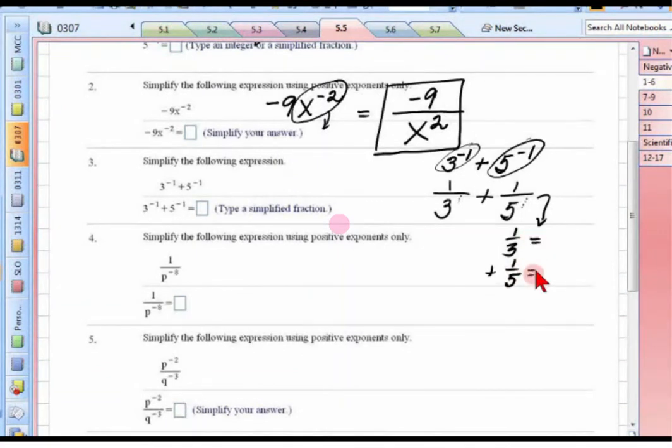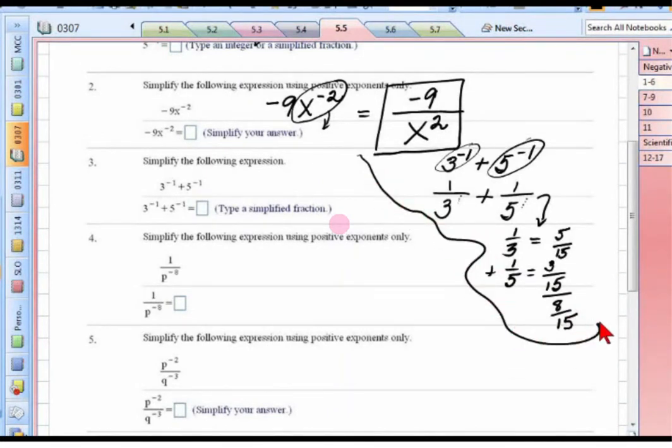What's the common denominator? 15. 3 goes into 15 5 times, and 5 times 1 is 5. 5 goes into 15 3 times, and 3 times 1 is 3. If you add those together, you get 8/15. So this was all that problem, and the final answer is 8/15.